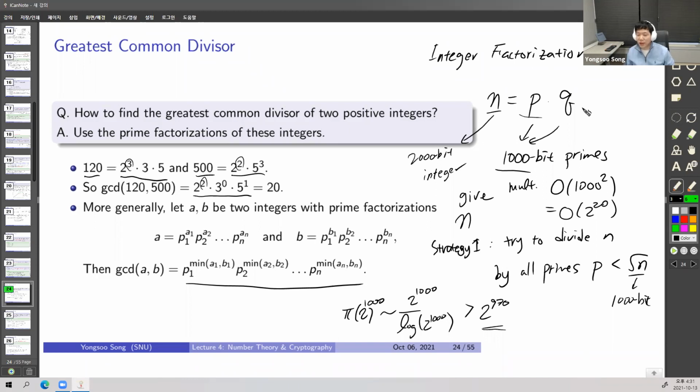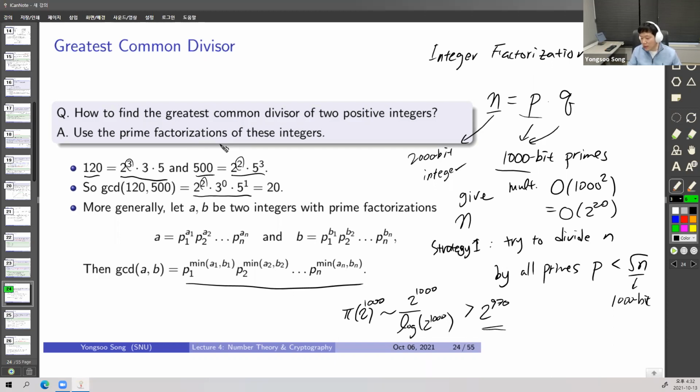Well, of course, there are definitely much better algorithms for factorization, but still it takes much longer. So that's why we don't want to use this prime factorization method in practice, because if n is a really large integer, then finding the prime factorization of n takes really long time.